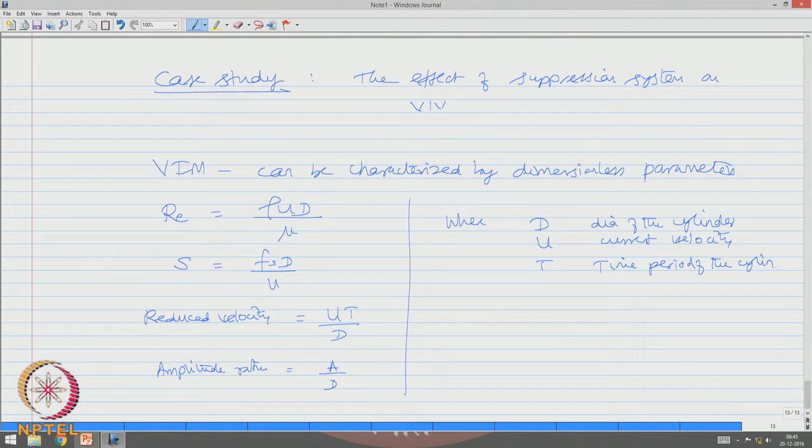Let us say in my case the cylinder, Fs is the vortex shedding frequency, A is the motion amplitude, rho is the density of fluid, and mu the dynamic viscosity.